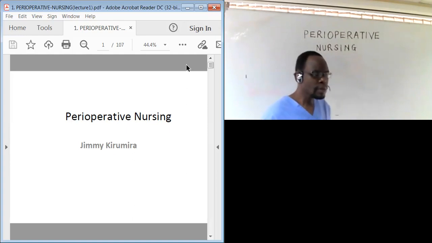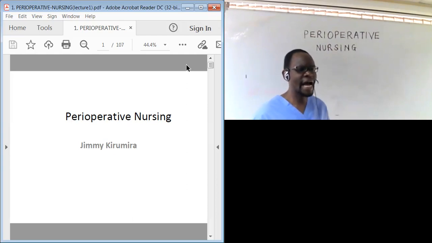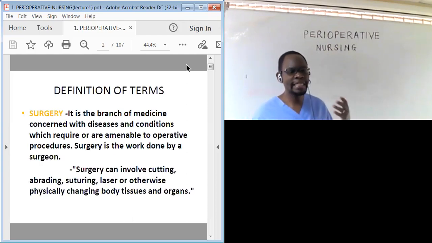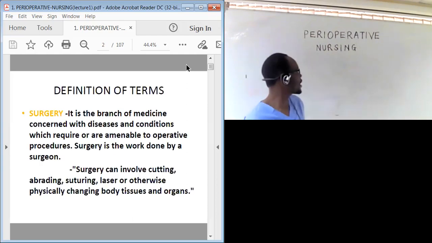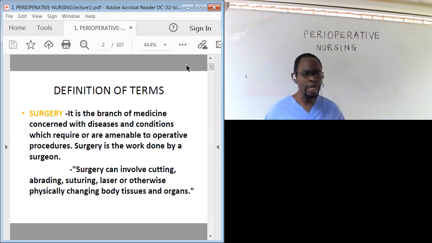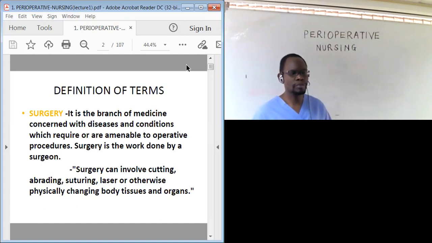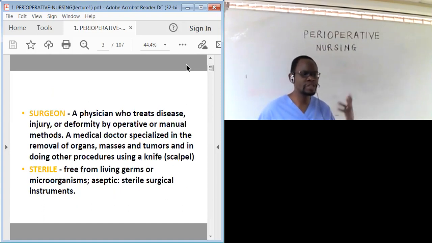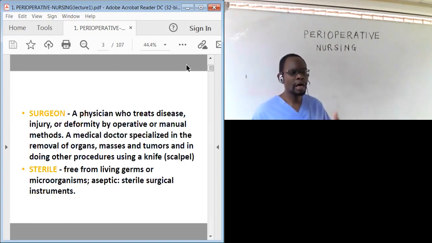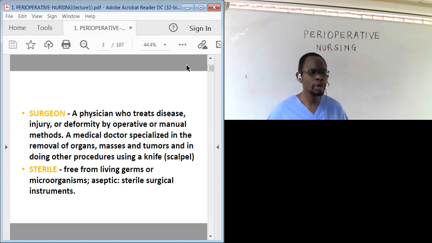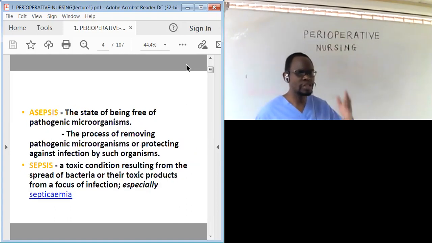As we start this topic, there are quite a number of definitions that you will find, and you will read more in your presentation. Definitions like surgery, who a surgeon is, and what we mean by a surface which is sterile, among others.